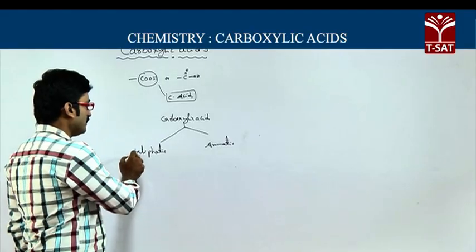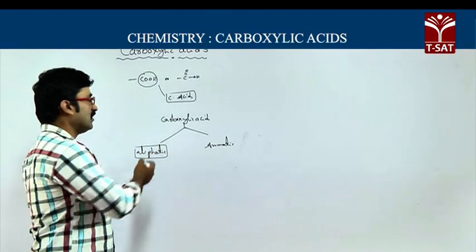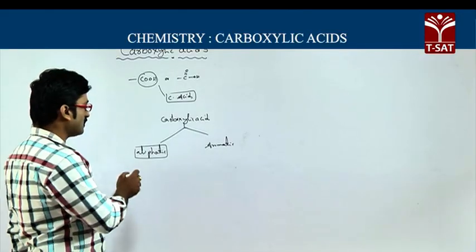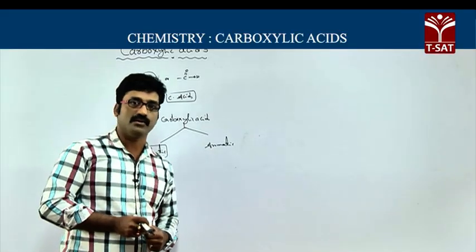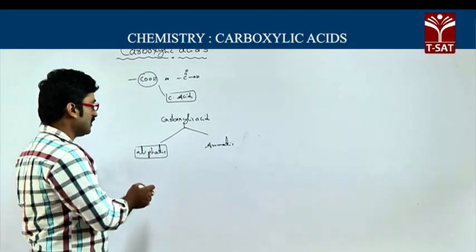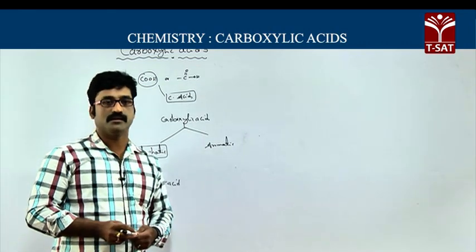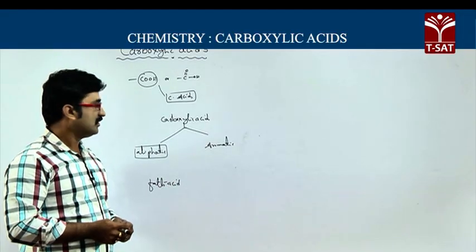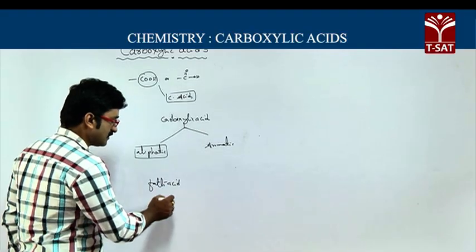The aliphatic carboxylic acids are the long chain carboxylic acids which are obtained in the hydrolysis of oils and fats, and they are called fatty acids. Fatty acids are long chain aliphatic carboxylic acids produced in the hydrolysis of oils and fats.